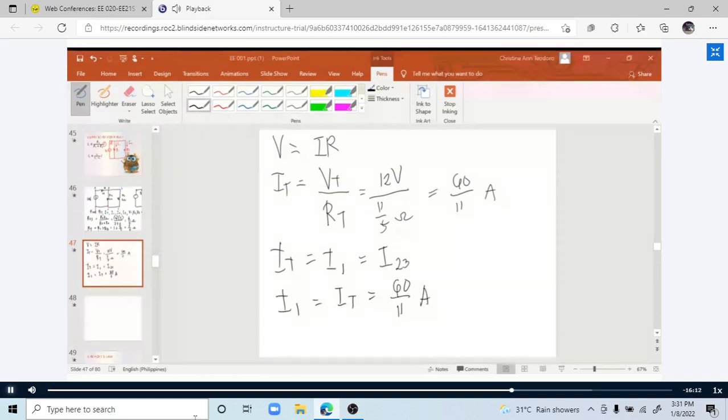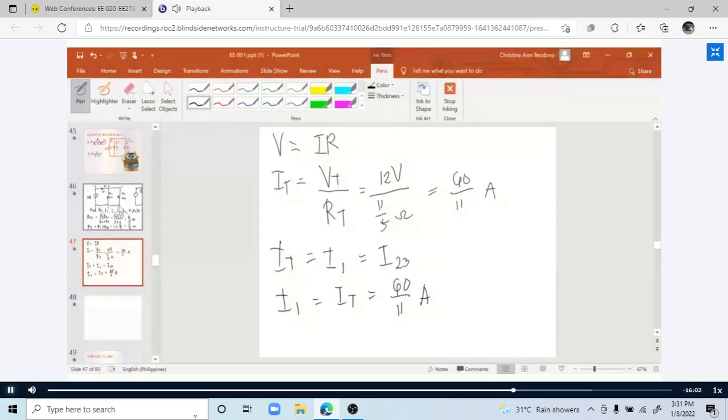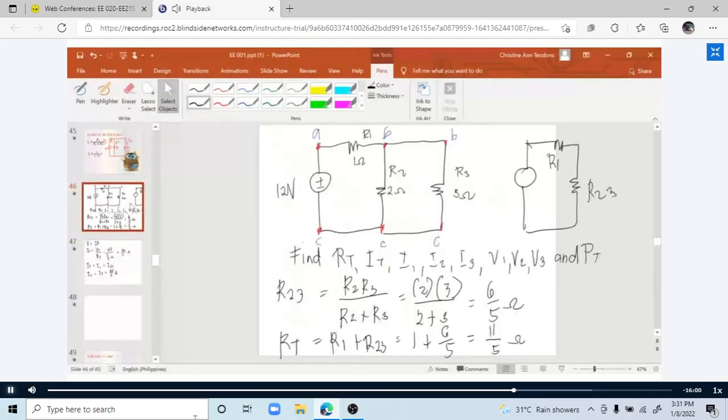Do you agree? Okay, how about I2 and I3? How can we get I2 and I3? Okay, so if we are going to observe now the whole circuit, your I total, which is 60 over 11, will come onto this corner.